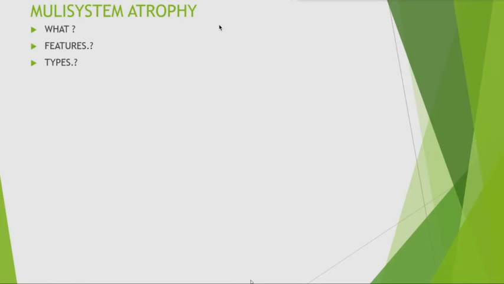When it's dominantly Parkinson, we say MSA-P. And the third type is multi-system atrophy with autonomic disturbance, which was previously called Shy-Drager. So multi-system atrophy involves atrophy of the cerebellar system, pyramidal system, extrapyramidal system, and sometimes autonomic disturbance also takes place.